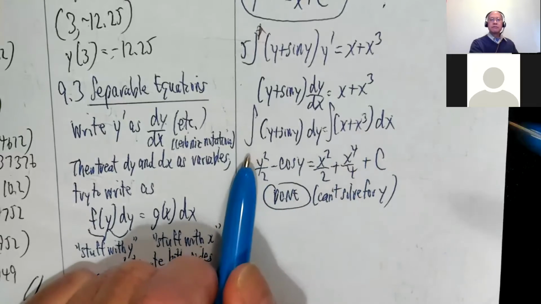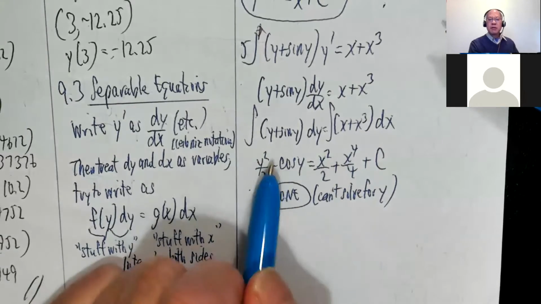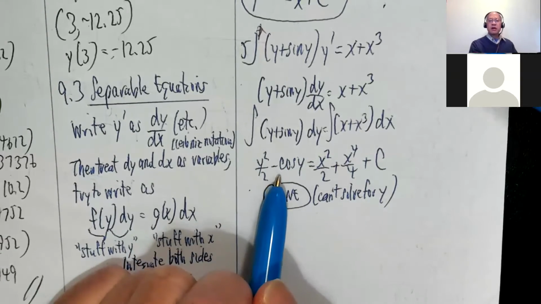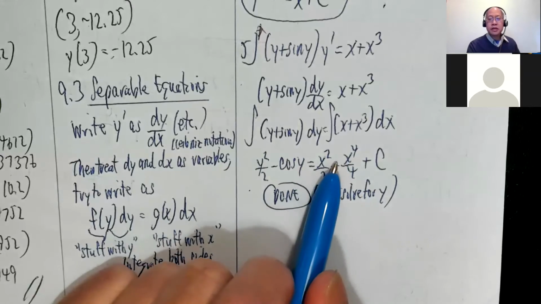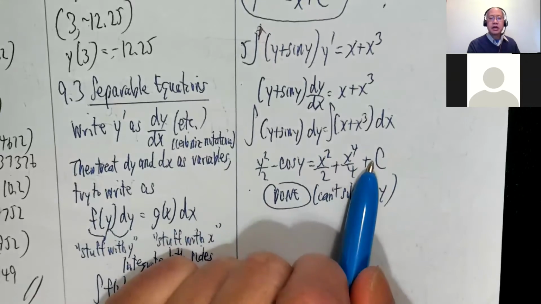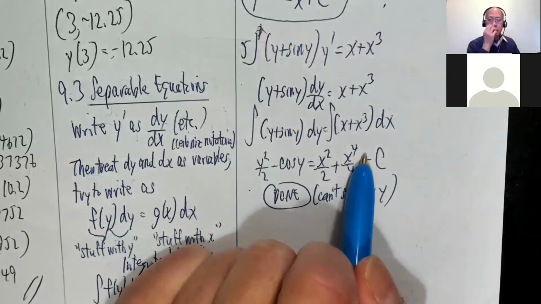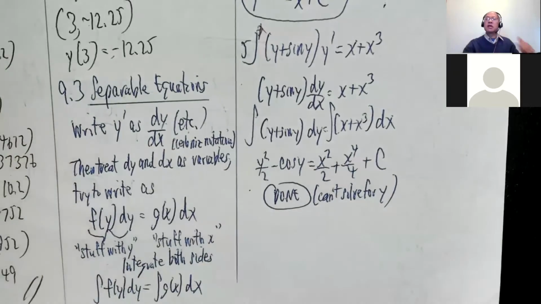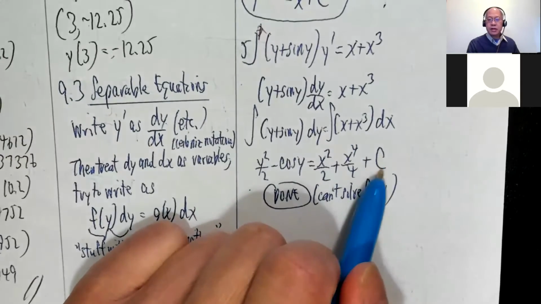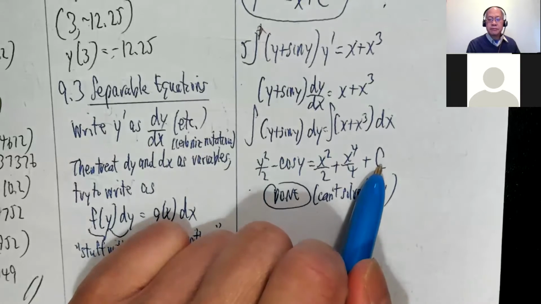Okay, then I just integrate: y squared over 2 minus cosine y equals x squared over 2 plus x to the fourth over 4 plus c. So again, yeah, this should be blah, blah, blah plus c1. This should be blah, blah, blah plus c2. Put them together, c1, c2, but now we just leave it as plus c.